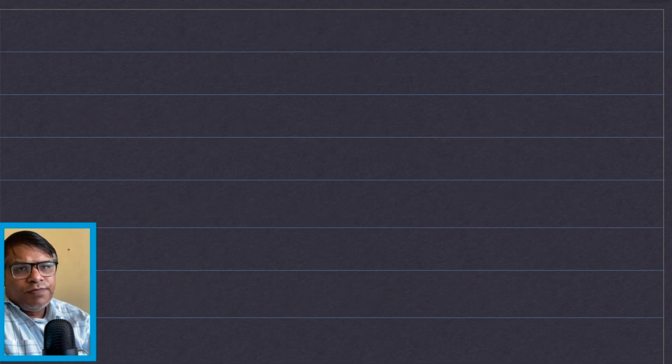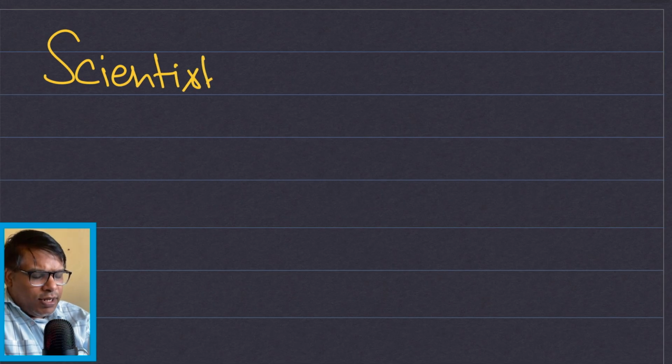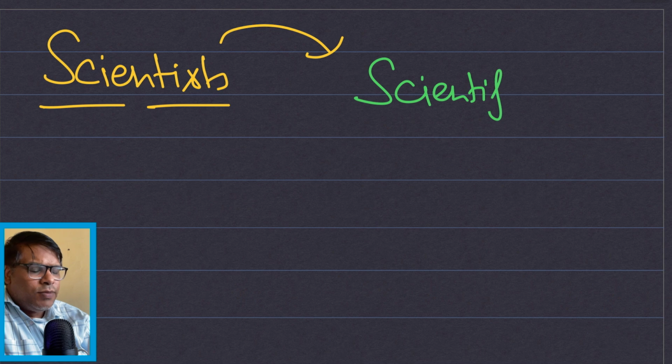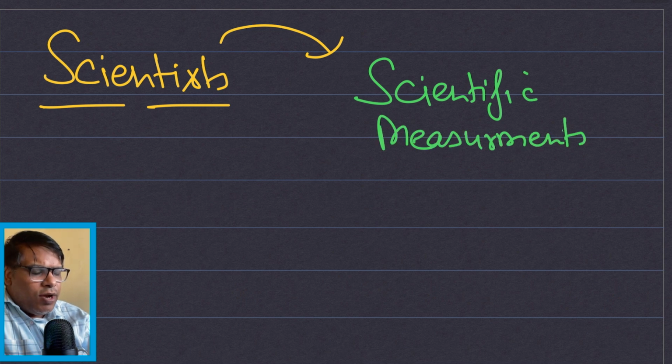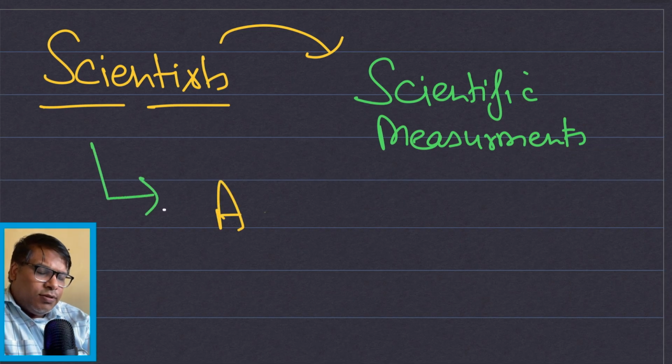Be with me. Now, we scientists generally carry out experiments in the lab, and when we are doing scientific measurements, what do we want? We want accuracy, we want precision.